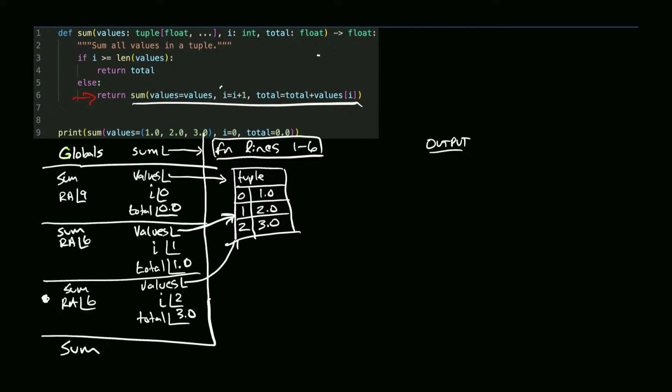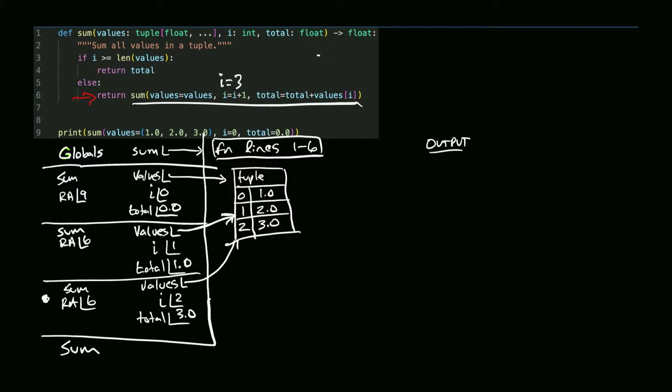But let's be very careful here, right? Notice we're saying in the next frame, i is going to be i's current value plus 1, right? So in our current frame, i is 2. In other words, 2 plus 1 is going to be 3.